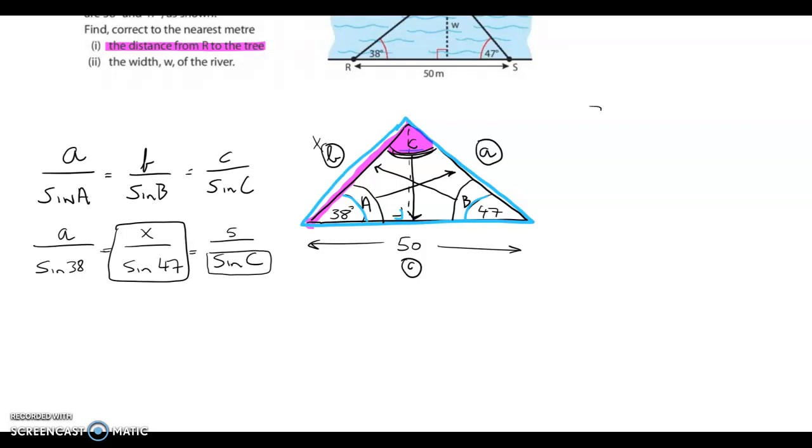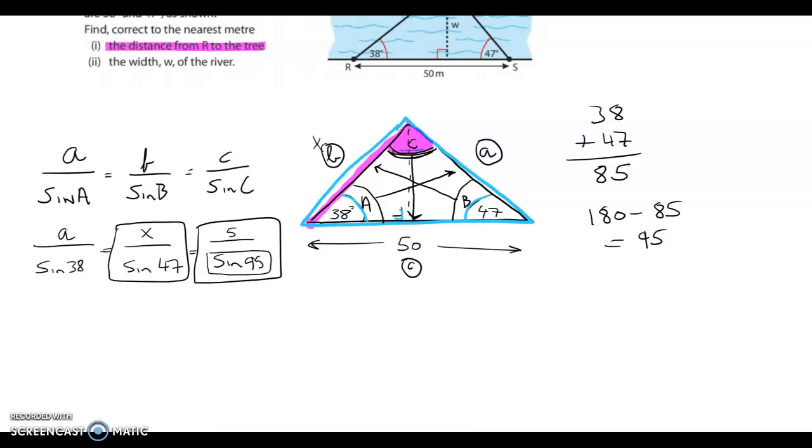So I just add the two angles that I have, 38 and 47, which gives 85. Then take that away from 180 and you have 95. So now I know that C is 95 degrees. I'm going to rub out big letter C and put in 95 degrees, because now I can use this fraction in my sine rule question. I only need to use two of them, and those are the two I'm going to use.